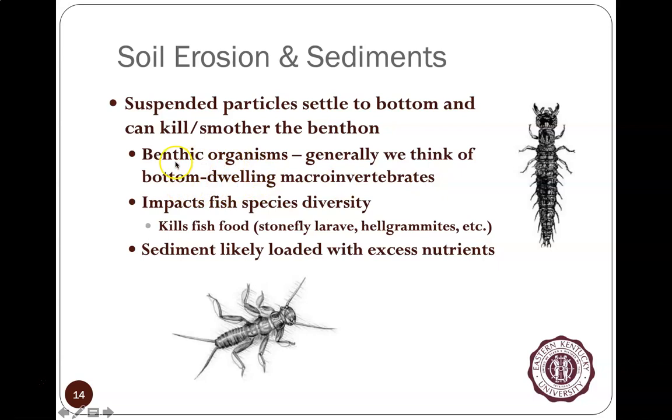So if the rocks and riffles where these benthic organisms live are filled with sediments and they're not able to get underneath those spaces, or the riffles are covered up with sediments so that oxygen is not brought into the environment through the activity of water running over riffles, things like these hellgrammites and stoneflies, as well as mayflies and other organisms, may disappear. And if these clean water indicators that are also fish food disappear, then fish species diversity may decrease, which could have an adverse effect on the actual designated use of the stream.